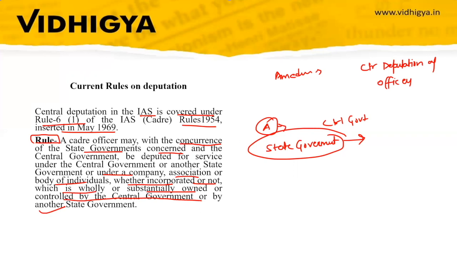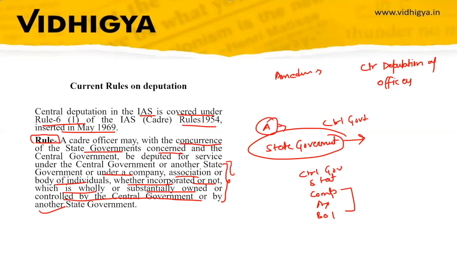So it can be deputed for service under the central government or under a state government, or to any company or association or body of individuals, whether these are incorporated or not, whether these are wholly or substantially owned by or controlled by the central government or by another state government. It does not matter. So you have to remember these things. This is from the rule.